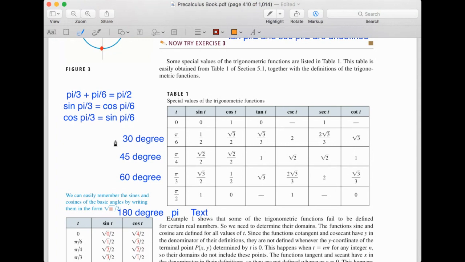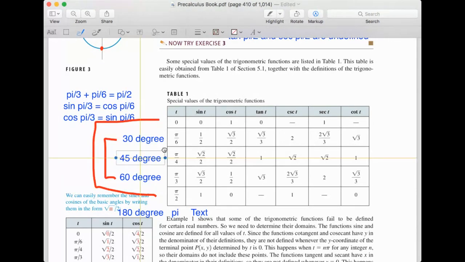So here we can see 30 and 60 degrees are complementary angles, right? So pi over 6 and pi over 3 are complementary angles. And 0 and pi over 2 are complementary angles, right? Because 0 plus pi over 2 is pi over 2. But what about pi over 4?